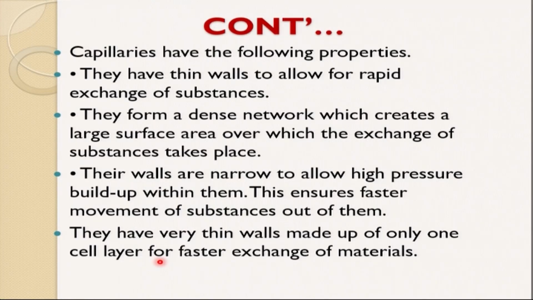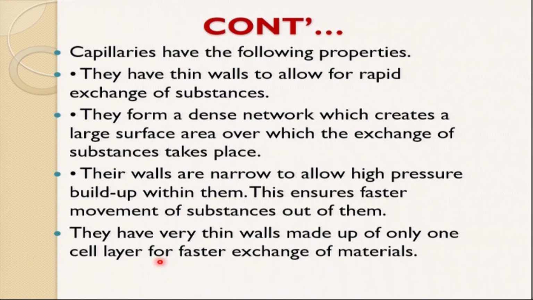Capillaries have the following properties. They have a thin wall to allow a rapid exchange of substances. These substances, I mentioned, are oxygen, nutrients, and also waste products to be removed. The capillaries are also permeable to facilitate the process of diffusion.